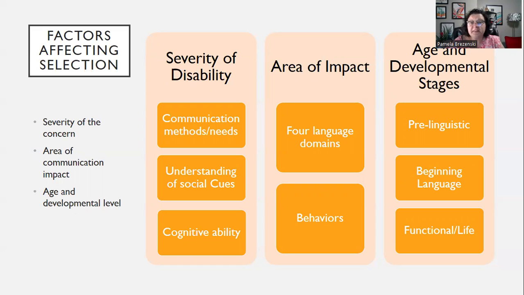And so then we have to think of the area of impact. Is it impacting the language domains? Is it impacting behaviors? We really want to think about, where are we going with this? Because if it's the language domains, we may look more towards the communication component. If it's behaviors, as in social behaviors, we might do social behavioral informational checklists or assessments.